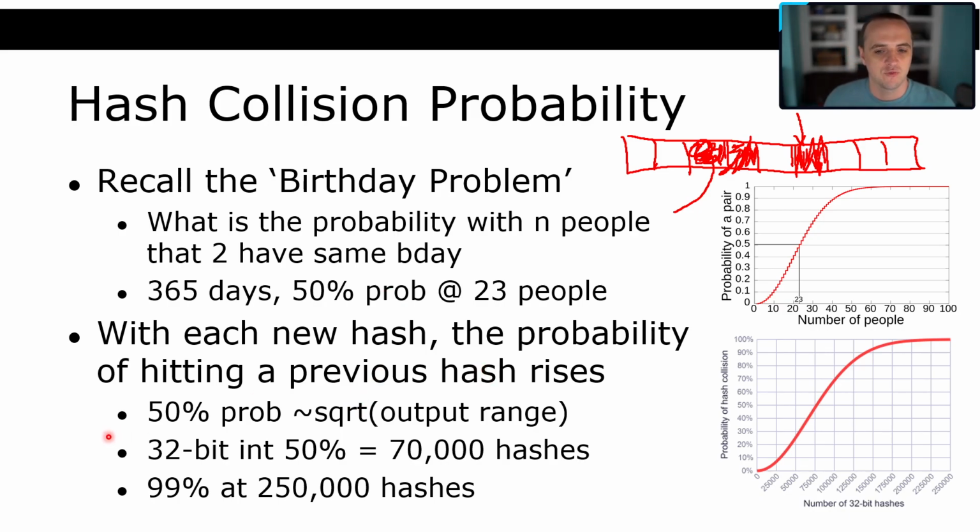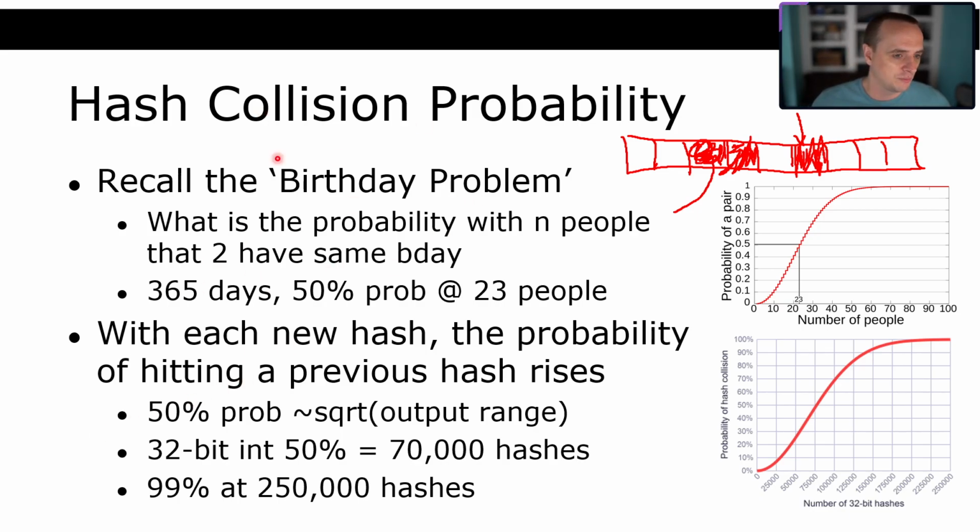So if we have a 32-bit integer, let's say we have an array that can hold all possible 32-bit integers, so all 4 billion values, right? You might say, well, there's 4 billion values. We're not going to have a hash collision for a long time. There's only 30 million people in Canada. We'll never have a hash collision out of 4 billion, right? The chances are so low.